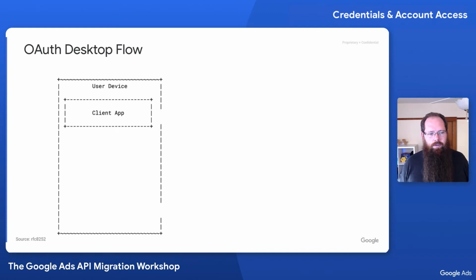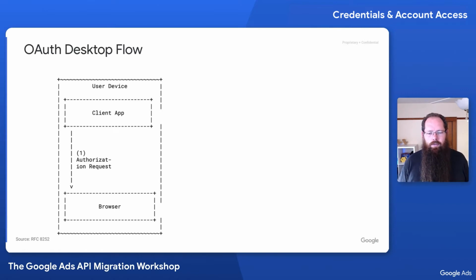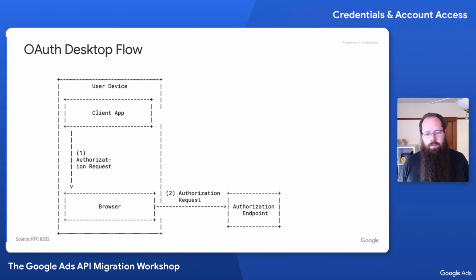Using that info, you will generate an authorization URL that will be opened in the browser, and it will render a Google authorization endpoint page. This page will make sure that you're signed into a Google account, and a specific Google account. So if you're signed into five, you'll have to pick the specific one you want to grant authorization as.